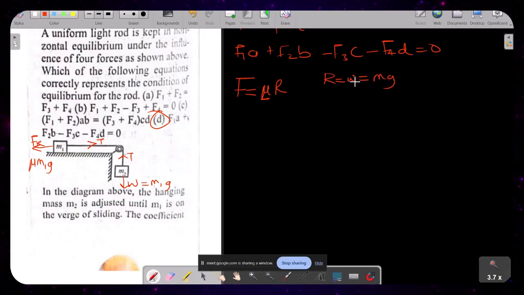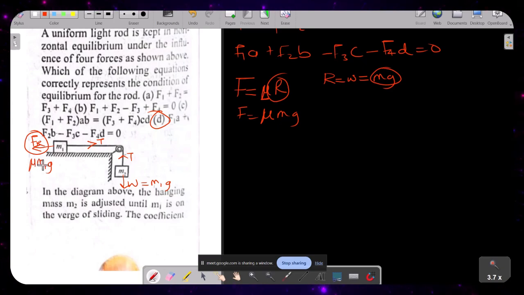So I say that F is equal to this constant times R, and I said that R is mg. That is why I wrote it as the constant times your mass times your g, which I derived here as well.